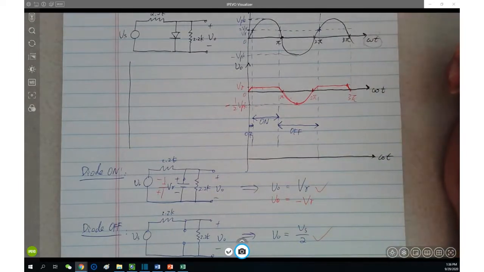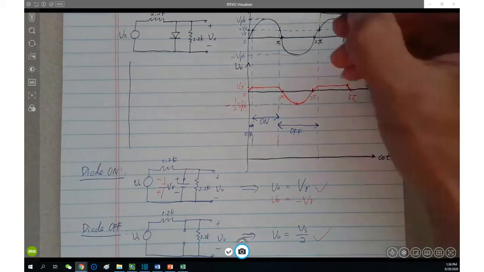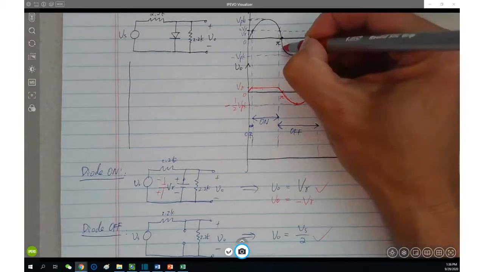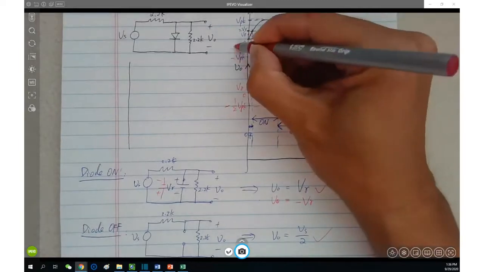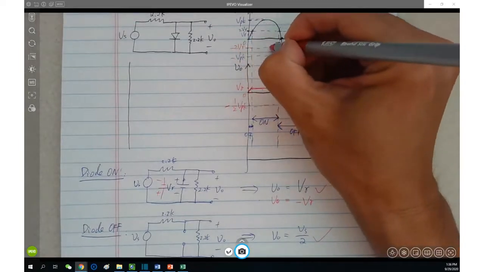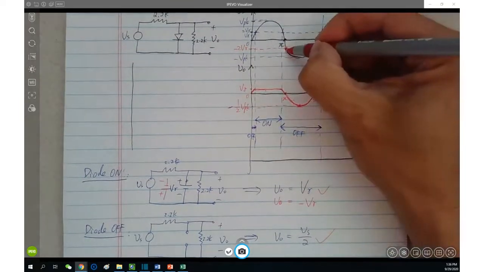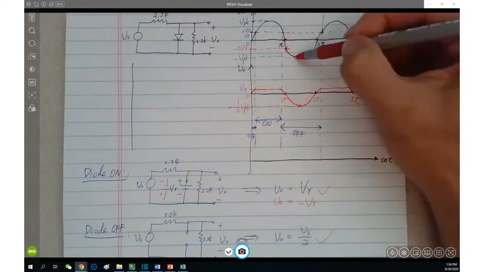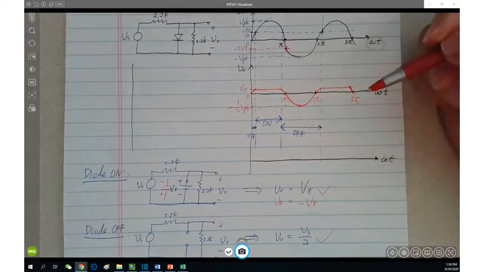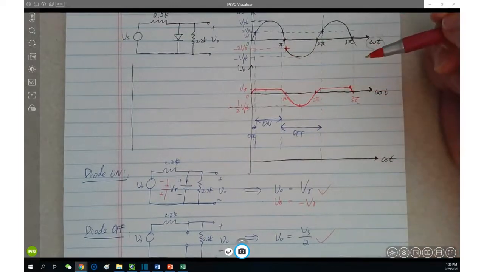Kevin is right. Negative 2V gamma is here, intersecting with VS at the negative half cycle. Perfect sense. Does it make sense?